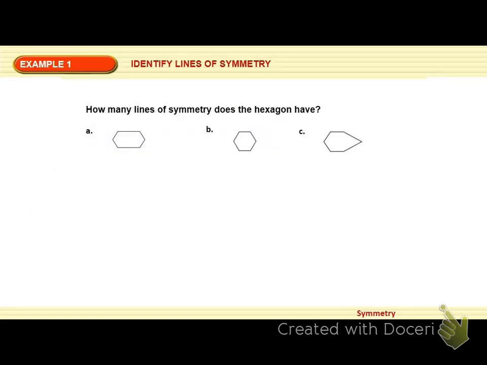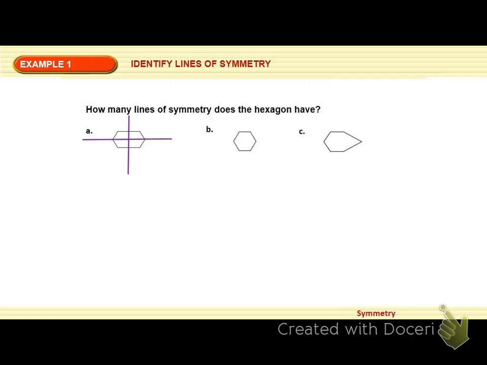So, for example, there's 3 hexagons here, and to come up with line symmetry or rotational symmetry on its own, you kind of have to just use your imagination a little bit. For this hexagon right here in A, I know I can draw a vertical line through it and get it to fold over onto itself, and I can draw a horizontal line. So there's 2 lines of symmetry.